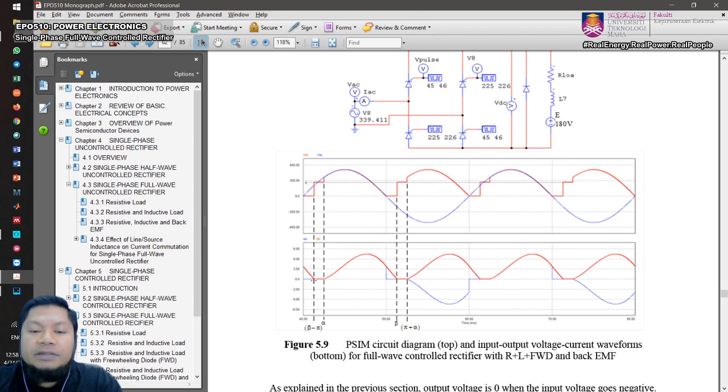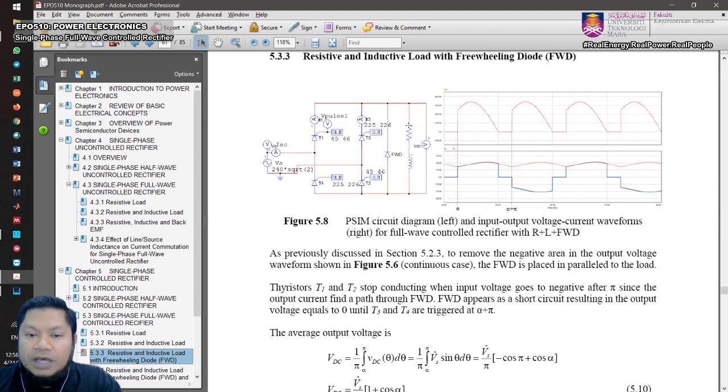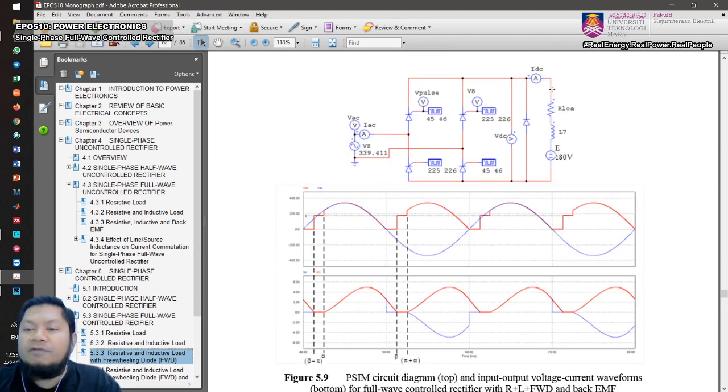So at this point, after the current goes to 0, there is no current flow.